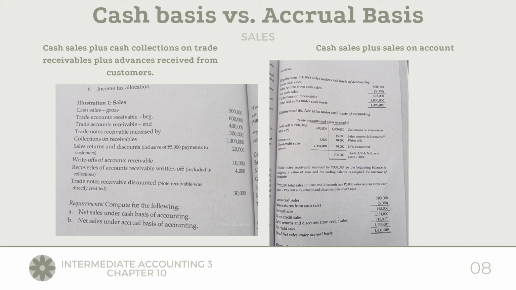Ngayon, yung final computation natin. Gross cash sales of 500,000 minus sales returns from cash sales na 5,000. Net cash sales na 495,000.